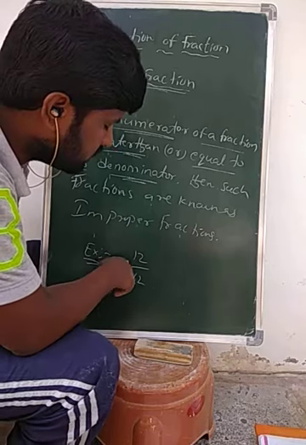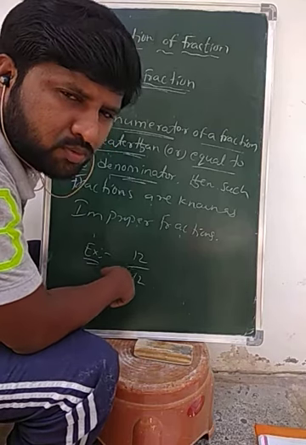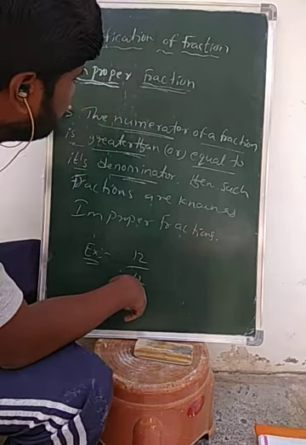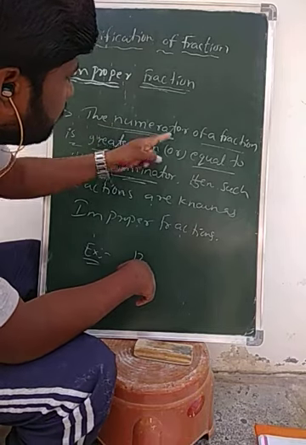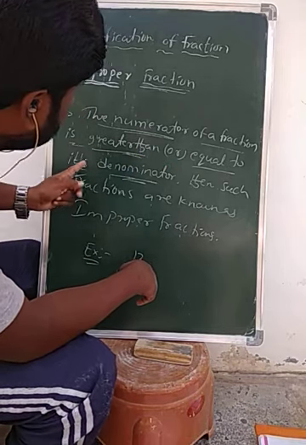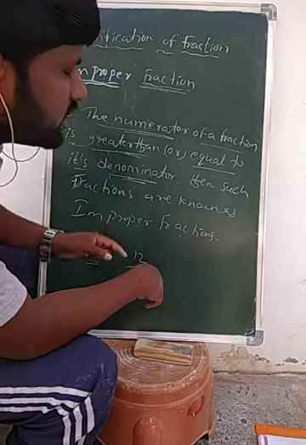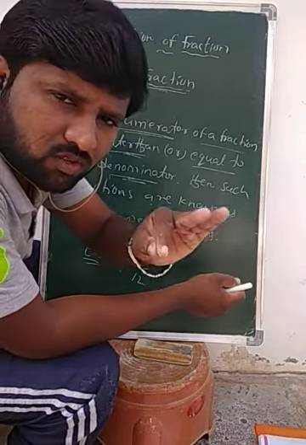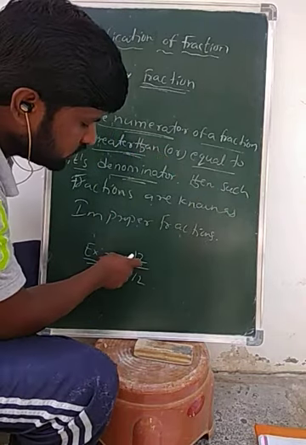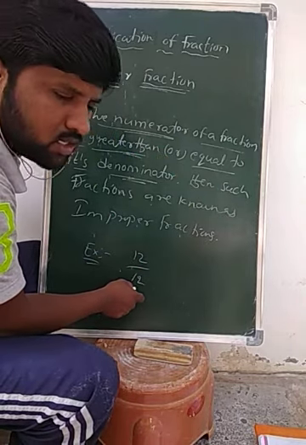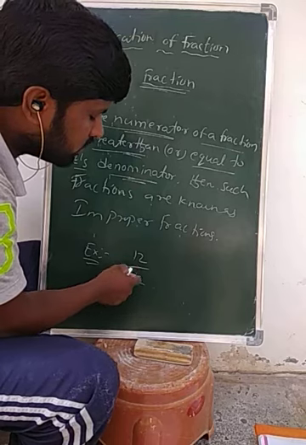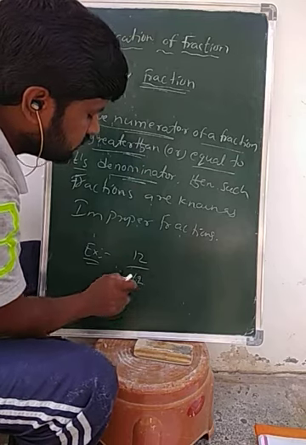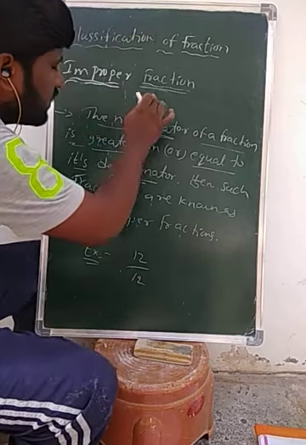So it is 12 by 12. It is an improper fraction because, according to the definition, the numerator of a fraction is equal to its denominator or greater than. Numerator అనేది denominator కంటే ఎక్కువన్నా ఉండాలి లేదా ఈక్వల్ గా అయినా ఉండాలి. So 12 is a numerator and 12 also denominator. So both are equal. So this is an improper fraction.